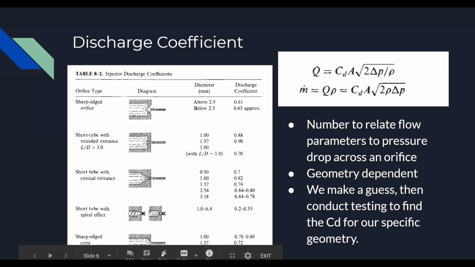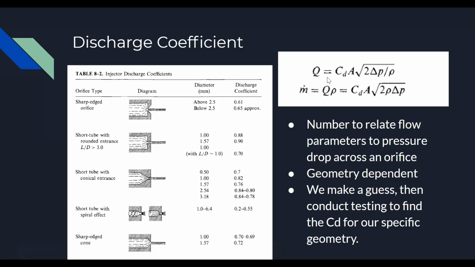So here is the formula for discharge coefficient. Q is volumetric flow rate, CD is the discharge coefficient, A is cross-sectional area, delta P is the pressure drop across the orifice, and rho is your fluid density. And then it has the same thing shown here in terms of mass flow rate of propellants.